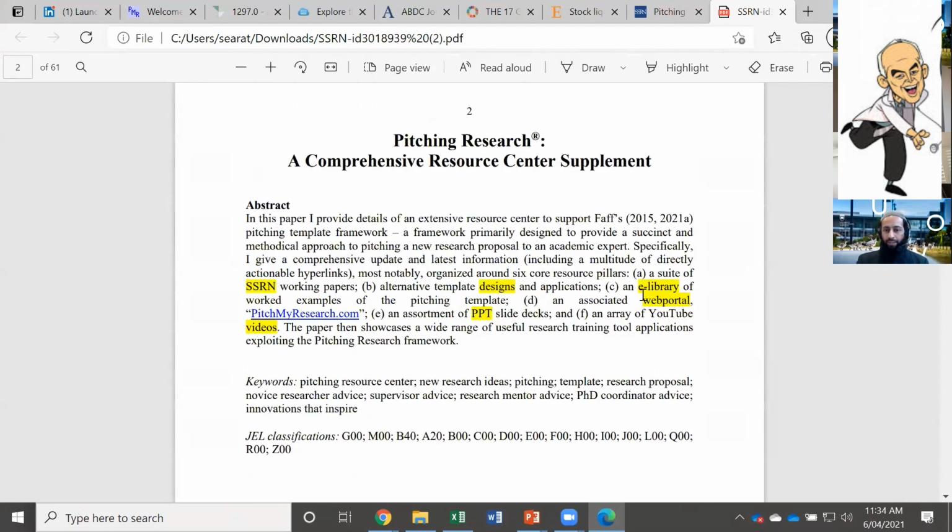It gives a suite of SSRN working papers, all the pitching papers by Professor Robert Faff, I think more than 20. It lists all those papers, like the first, second, third, fourth, fifth. Then the alternative template designs and applications, the competing tools, and an e-library of worked examples. There are hundreds of examples that other people have prepared.